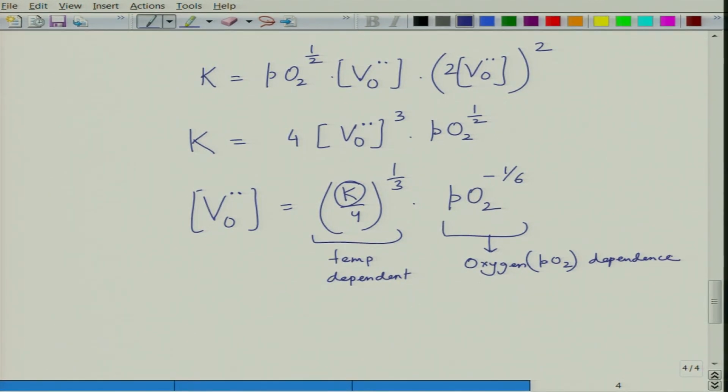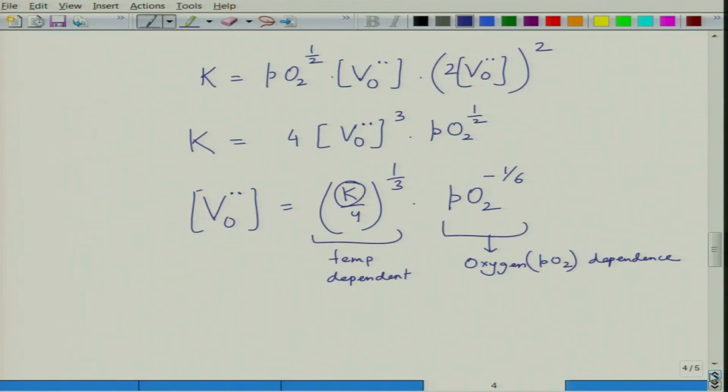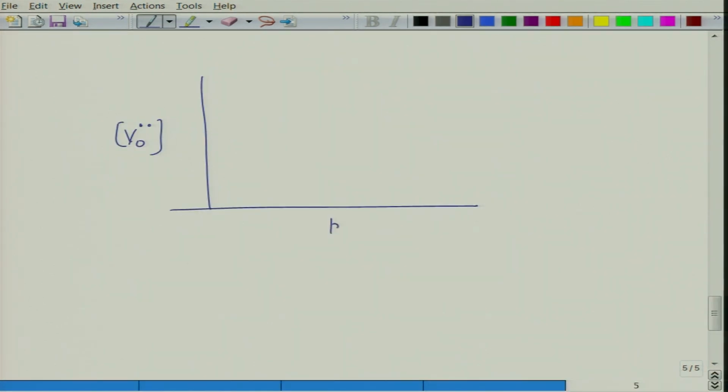So, what this shows you is that as you increase the partial pressure of oxygen, the vacancy concentration will go down, and as you decrease the partial pressure of oxygen, the vacancy concentration will go up. So, now when you plot VO, you can plot this as a semi-log plot.